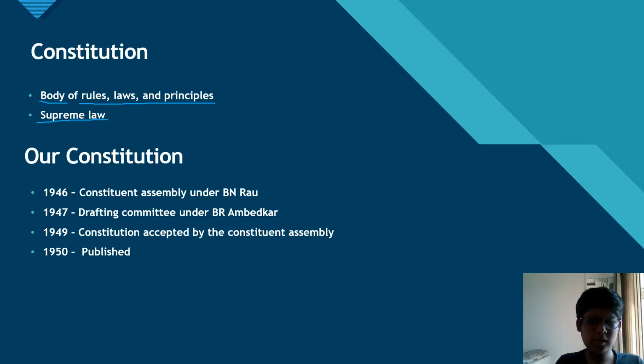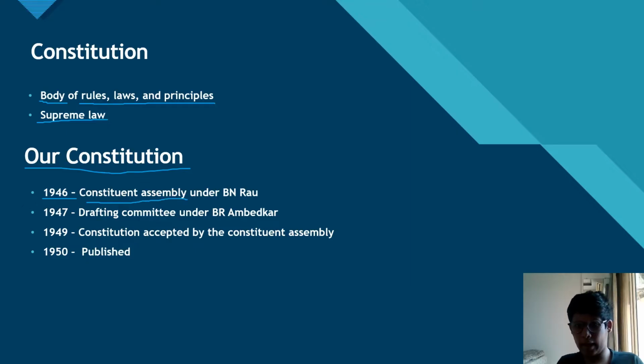So there are a few major dates in the Constitution and a few of them are listed here. In 1946, a Constituent Assembly was formed and they made a draft under B.N. Rao.